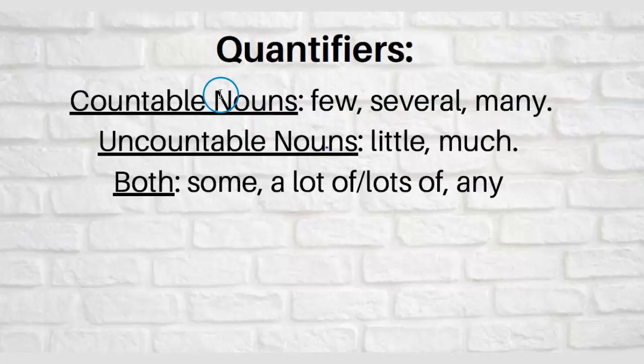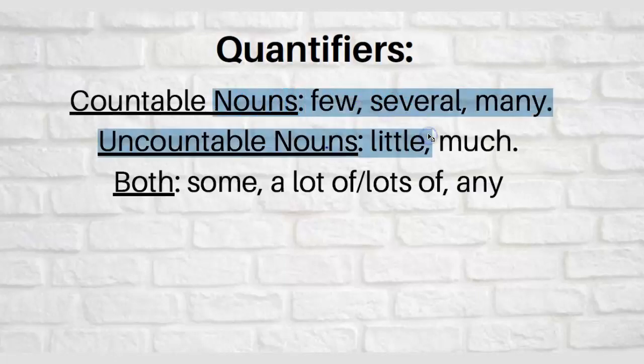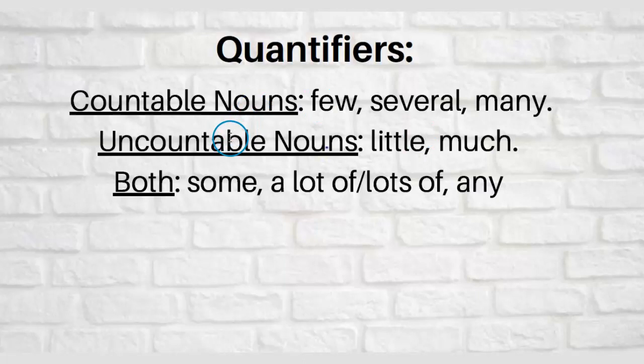Few, several, and many are the quantifiers for countable nouns, and little and much are the quantifiers for uncountable nouns. They cannot be mixed up, whereas some, a lot of, or lots of, and any are the ones which can be used for both.